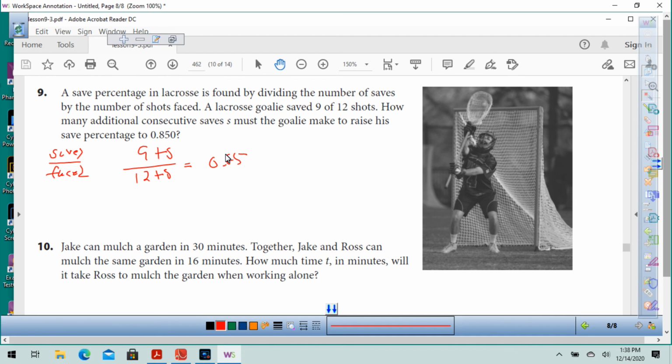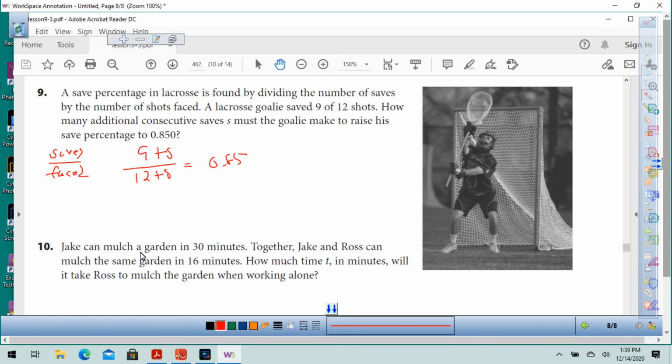How many additional consecutive saves S must the goalie make to raise his save percentage to 0.85? We'll let y'all work that out.